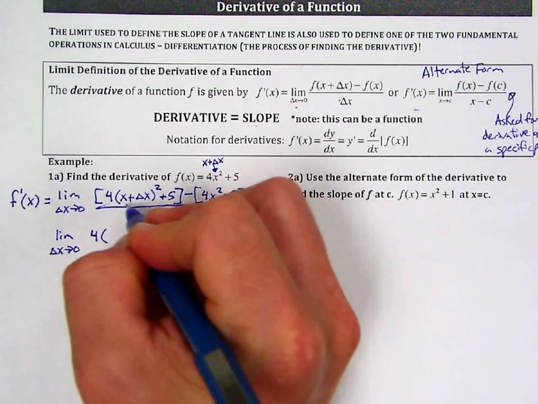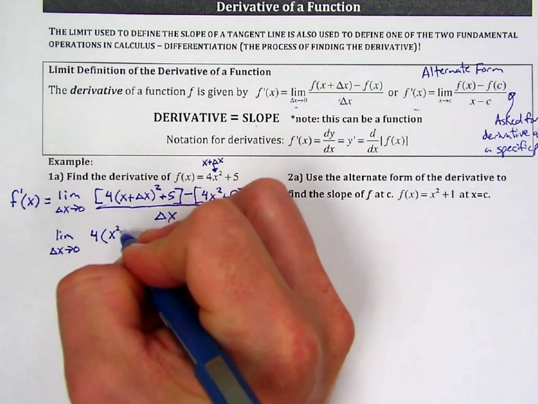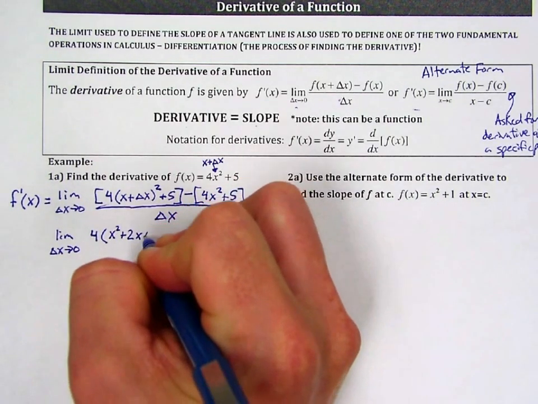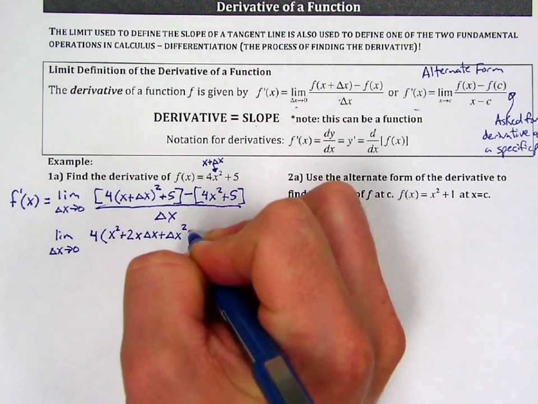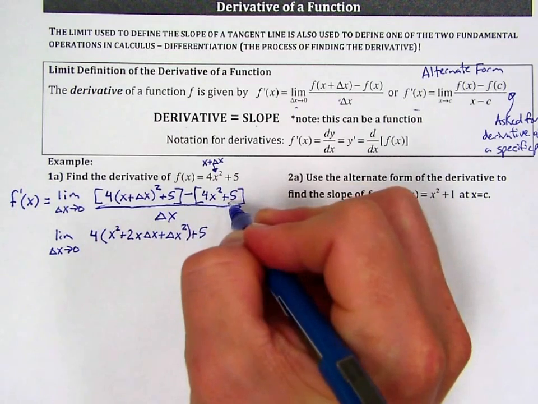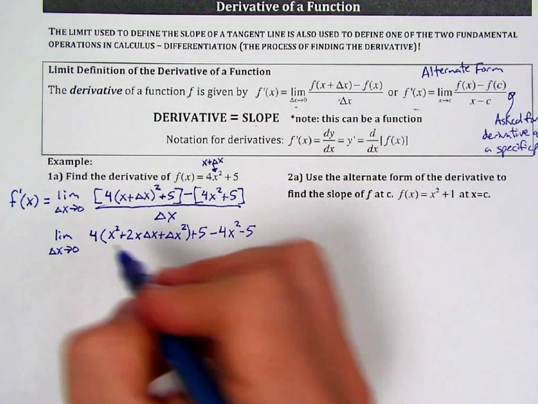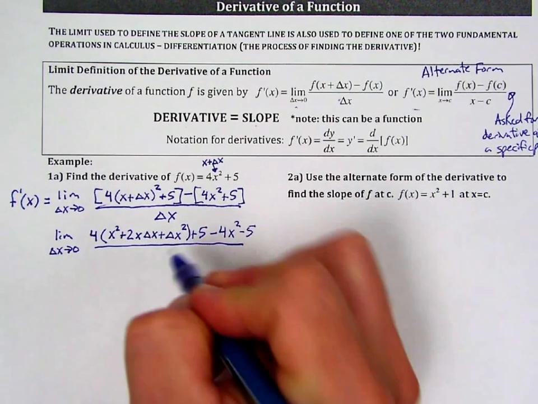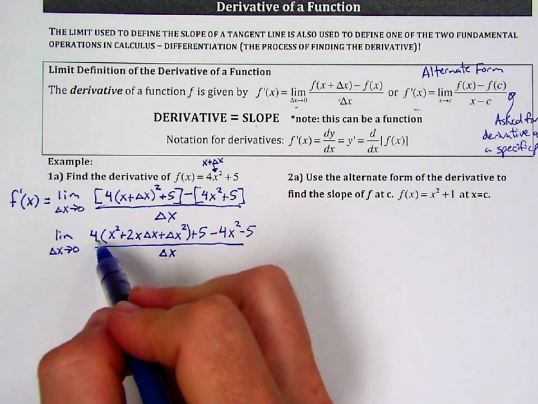So first we're going to multiply the binomial here. We can distribute our negative. Okay, now we're going to distribute our 4.